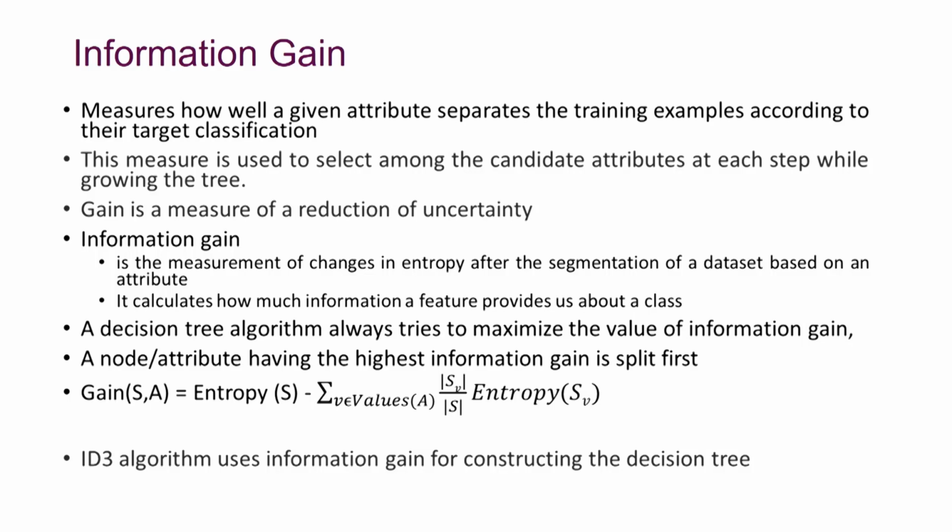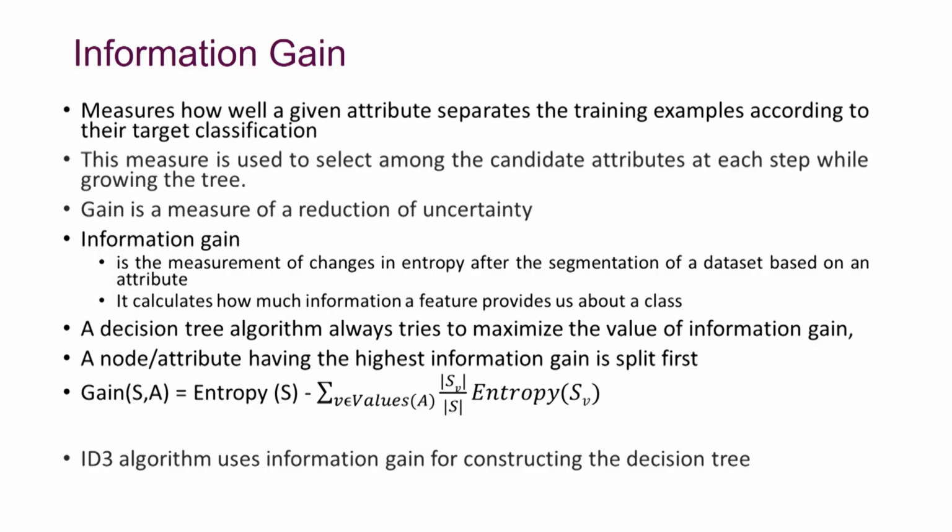If we do not know, it means there is uncertainty, and it is better to split that node into other subnodes, such that when we select any instance from one of these subnodes, we will be more certain to say what will be the class of that instance. So, gain will tell us the reduction of uncertainty when we split any node using a particular attribute. So, what is information gain?